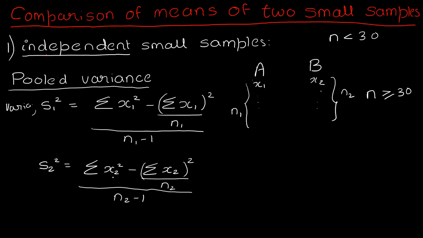Similarly, s2 square is summation x2 square minus summation x2 the whole square upon n2, divided by n2 minus 1.